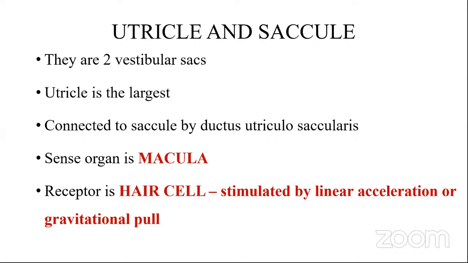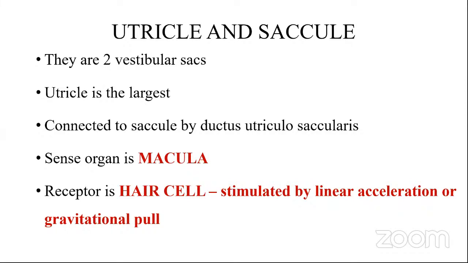The sense organ in the utricle and saccule is macula, and the receptors are hair cells. The sense organ is detecting linear acceleration or gravitational pull.